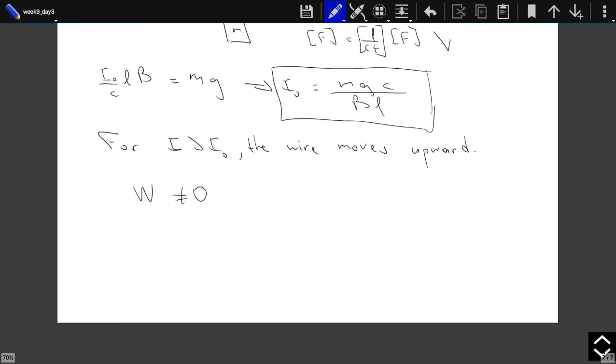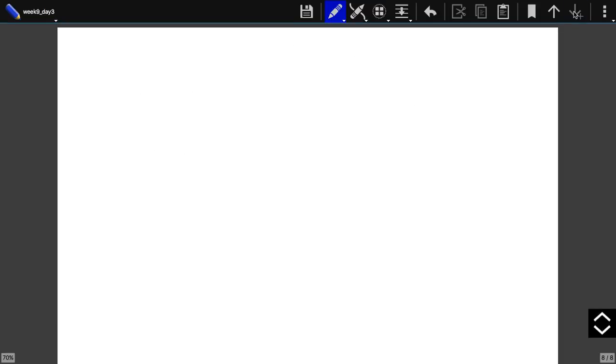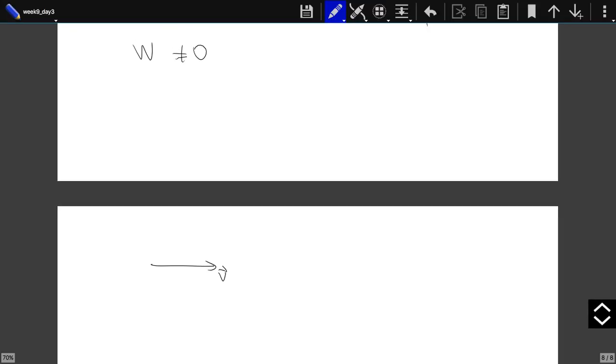What is actually happening? Without any motion, if the wire is at rest, this will be the velocity of the charges creating the current. But now the wire is moving upward, let's say with a velocity u. So the total velocity of the charges in the wire will not be horizontal, they will have a vertical component.